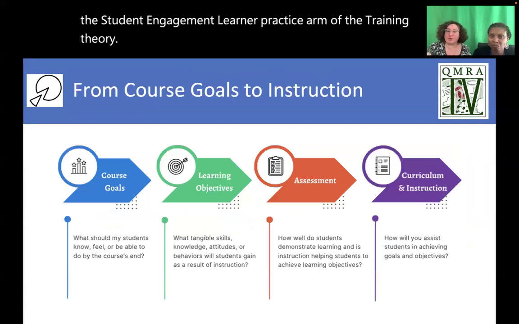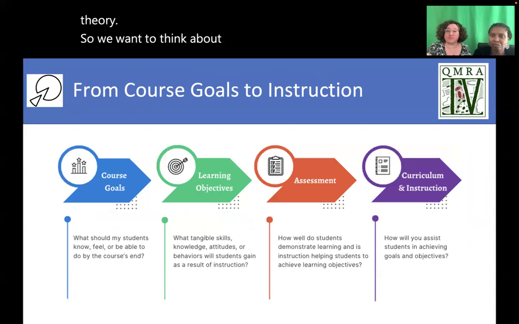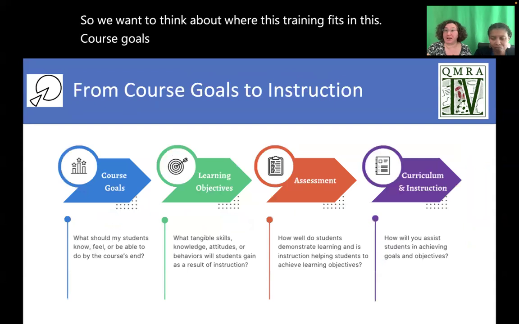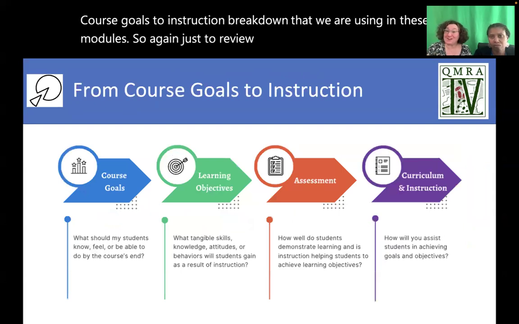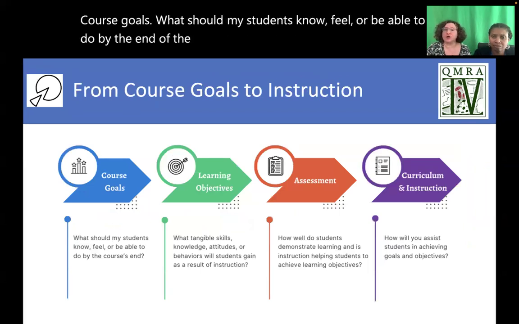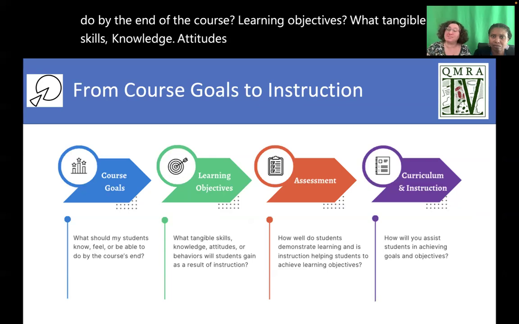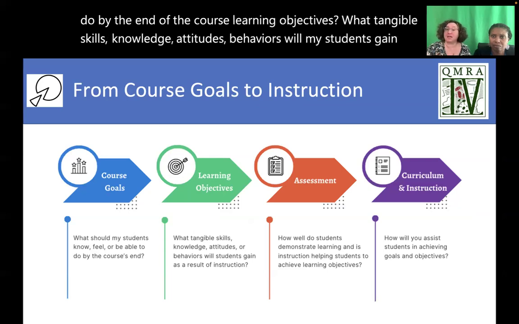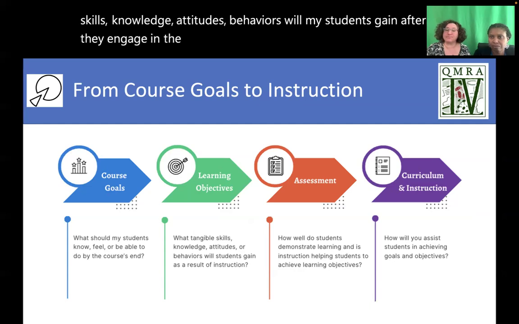So we want to think about where this training fits in this course goals to instruction breakdown that we are using in these modules. Just to review, or go over for the first time: course goals. What should my students know, feel, or be able to do by the end of the course? Learning objectives. What tangible skills, knowledge, attitudes, and behaviors will my students gain after they engage in the instructional activities?